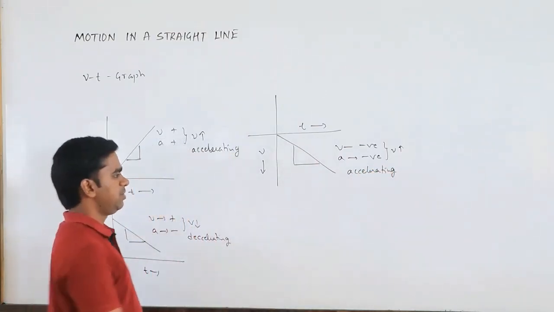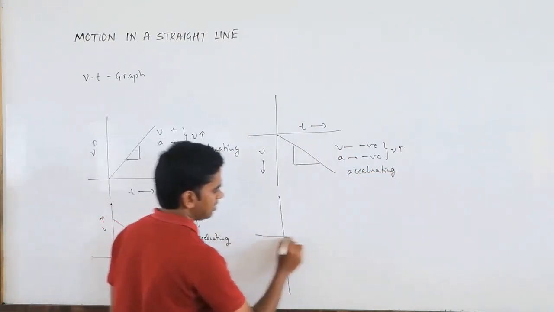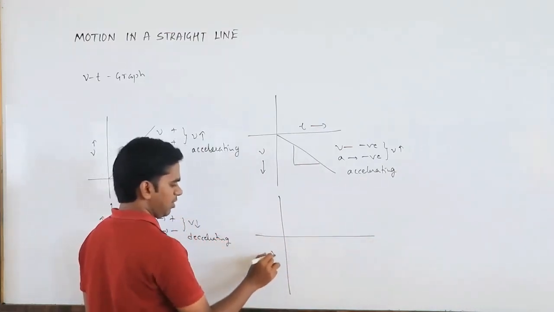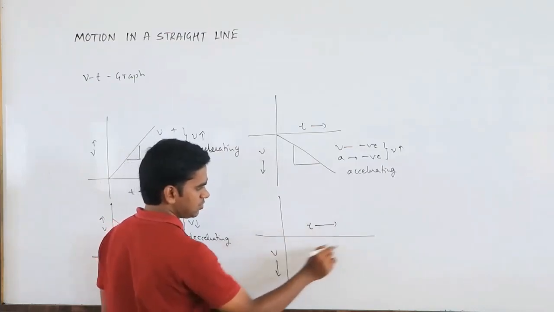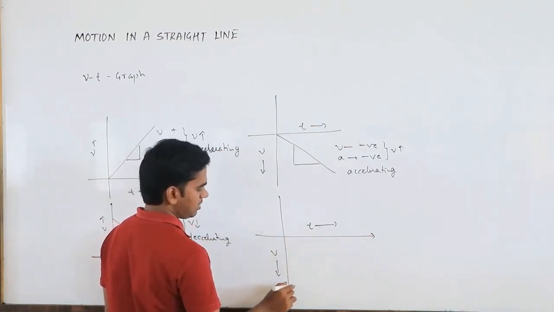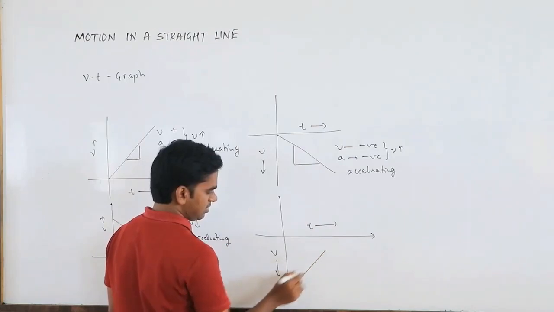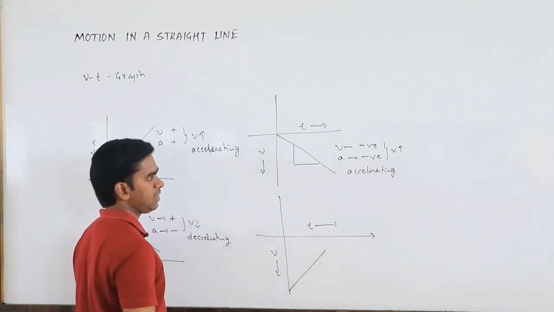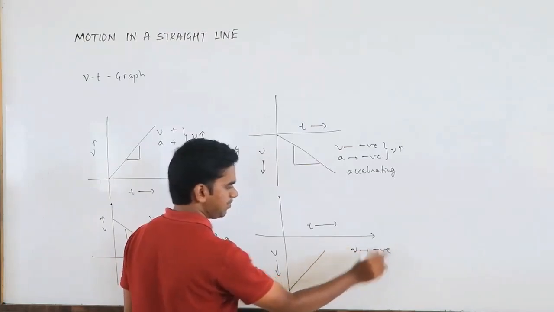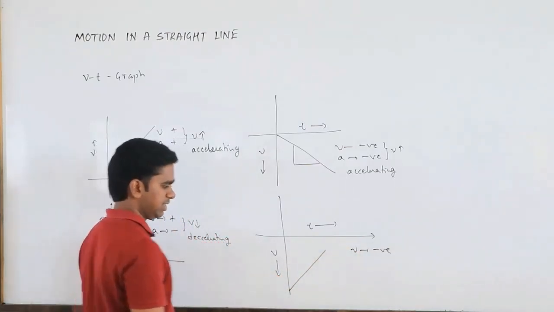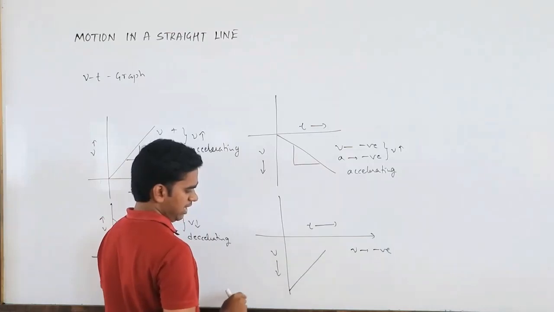Similarly, we can take another graph here. Again velocity is negative and time is, as usual, along the x-axis. So I can take the graph in this direction. Here velocity is negative, that is not a problem. Then what about the slope?